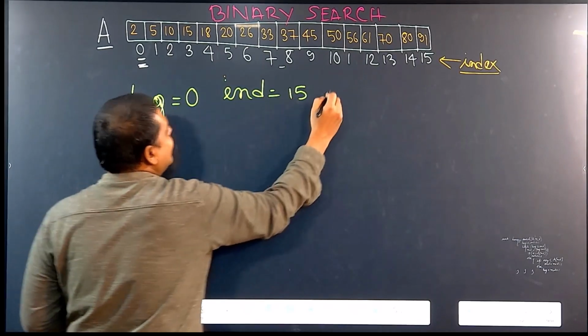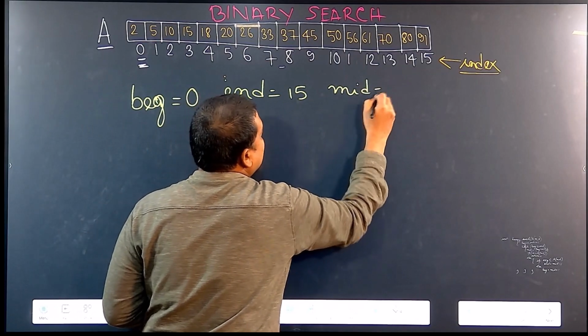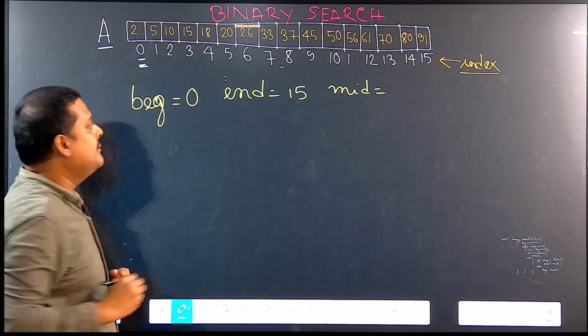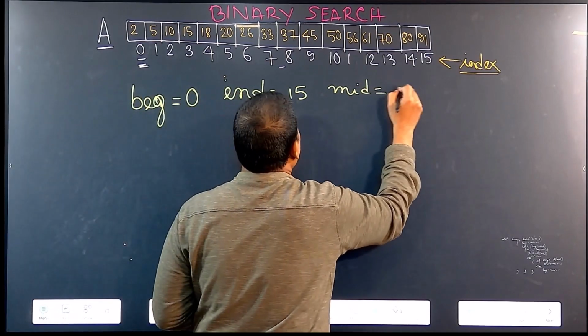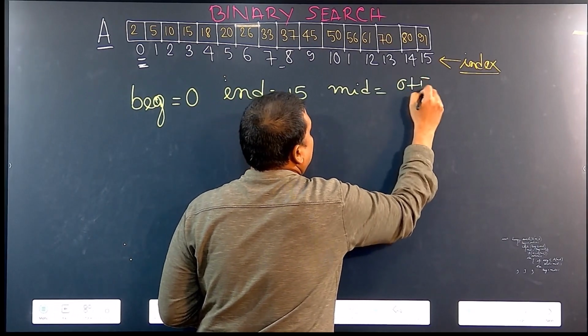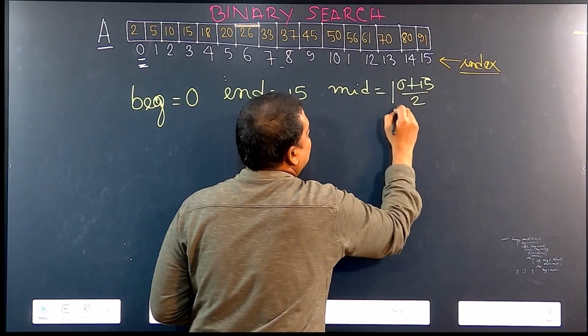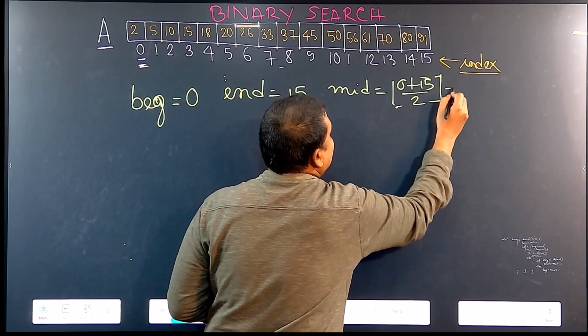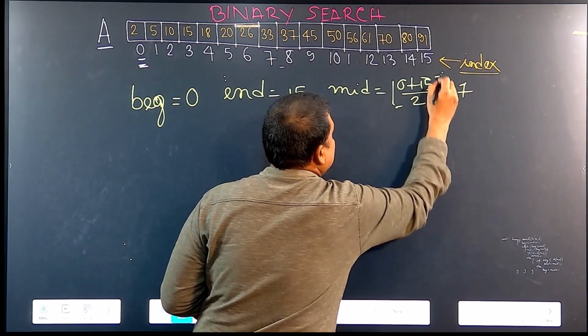What is the middle index? The middle will be 0 plus 15 divided by 2, which is nearly 7. This is the floor value.